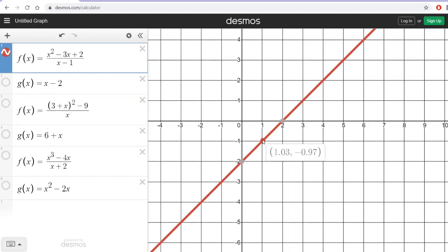Because even though there's a hole at 1, we can see that the graph is heading towards a y value of -1. And so that's the answer we would find. And that's exactly the answer you get if you plug 1 into this blue simplified version of the function.